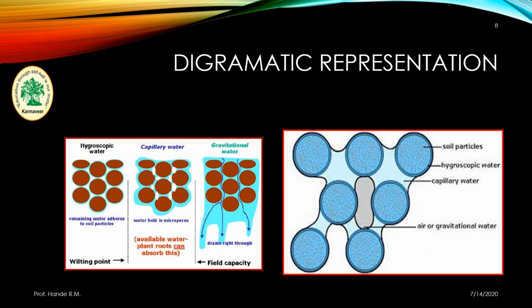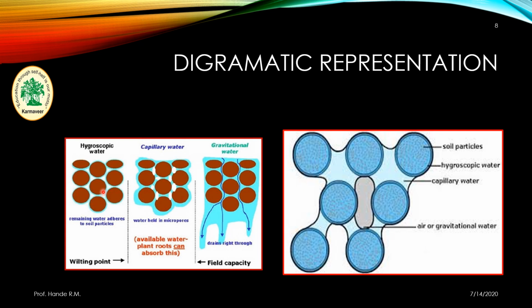Here is a diagrammatic representation which shows the hygroscopic water, capillary water, and gravitational water. In this diagram, brown color indicates the soil particles and blue color indicates the water molecules. Water molecules present on the surface of the soil particles are known as hygroscopic water, or water that adheres to the soil particles.